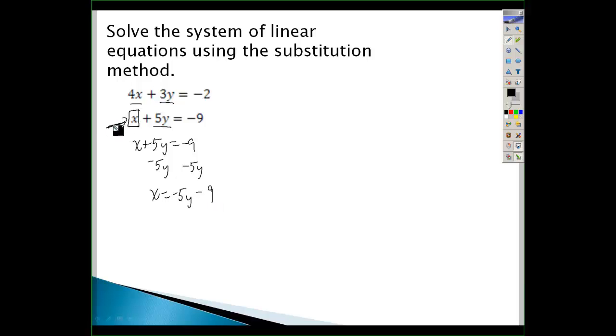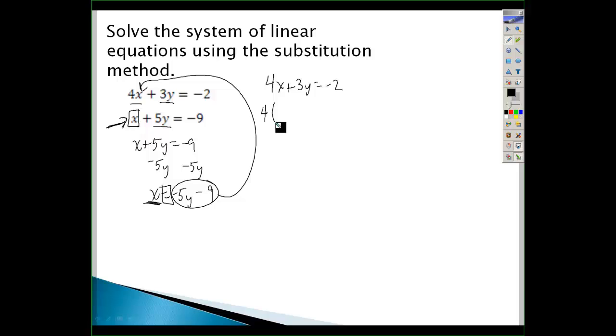Now, I used the second equation. Now that I have x by itself, I'm going to plug it into the first equation for what x is. I know that x equals negative 5y minus 9. If they really are equal, then I can plug this in for x. So if I want to plug it in this next equation, 4x plus 3y equals negative 2, I know that x really equals negative 5y minus 9.